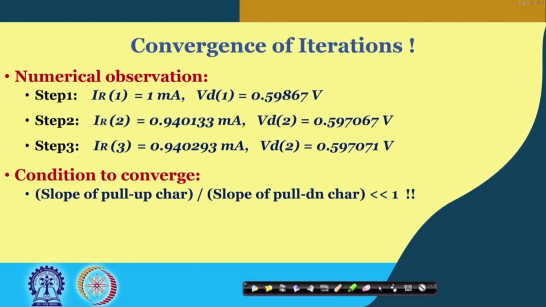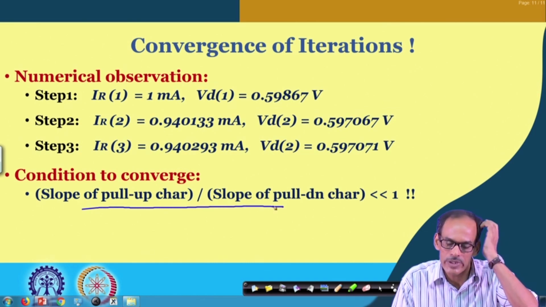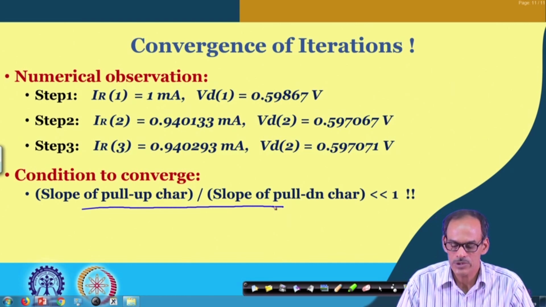But the interesting thing is that this kind of method is very impractical for hand analysis, because even for a simple circuit, you have to go through a number of iterations, and as I said, based on the slope, the convergence may or may not be there, or it may converge, but it may take more time based on this condition. So, it may not be a good idea to stick to this one. It is better to look out for some other alternative.